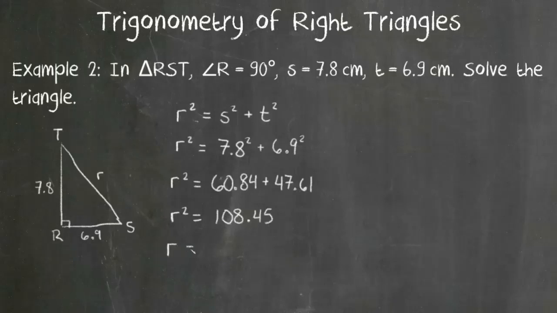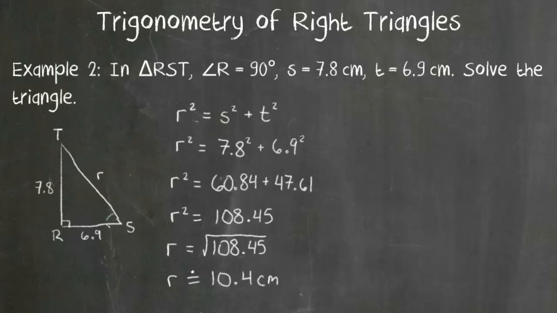Our last step is to take the square root of that value to find R. Normally, when we evaluate square roots, we have a positive and a negative answer. In this case, we reject the negative, and we get approximately 10.4 centimeters. Again, we don't need a negative value, as we're dealing with a length.